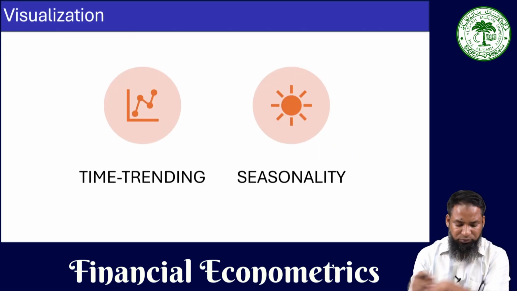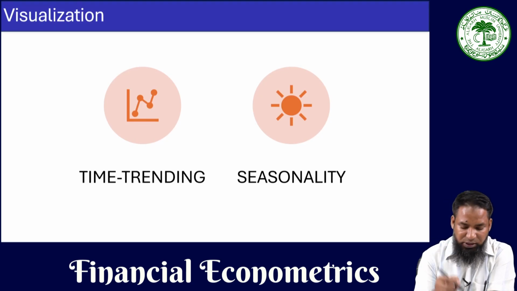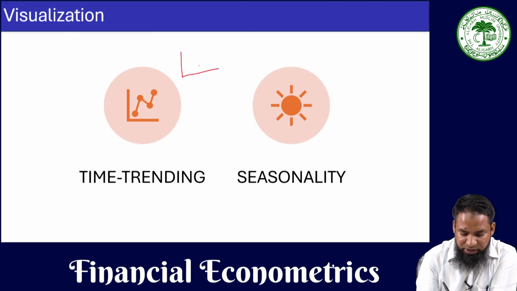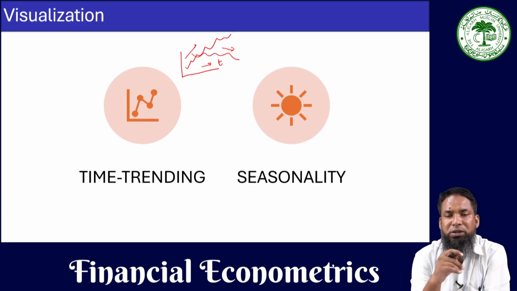Then, for example, time trending and seasonality, these things we have already discussed. Any series which behaves like this, as time passes, either follows an upward trend or a downward trend. Those are trending. If the data is trending, as we will see in the coming lectures, we have to take care of that and adopt certain components in our modeling.